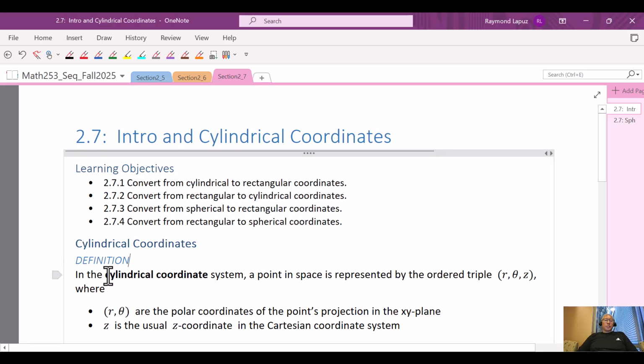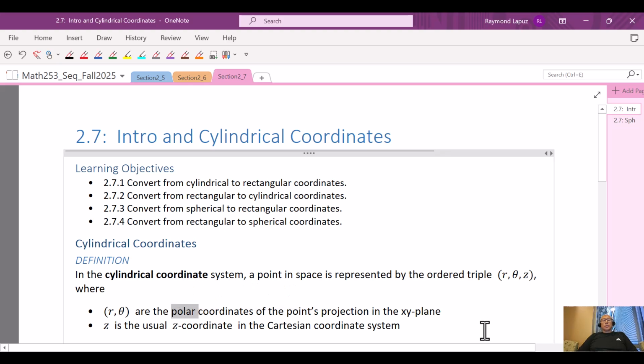The definition for the cylindrical coordinate system will be a point represented by a new triple, r, theta, and z. Well, it's not exactly new because r and theta are essentially going to be the same r and theta from polar coordinates that we've already seen.